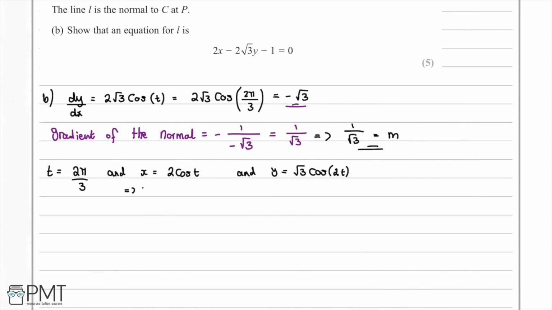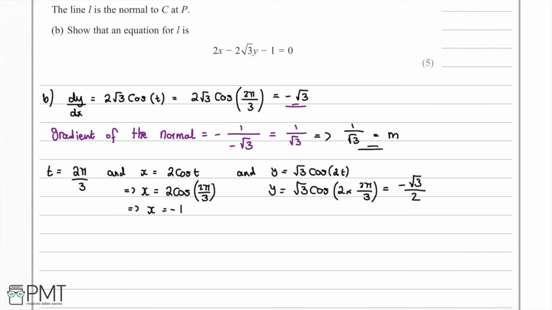Therefore x is equal to 2 cos 2 pi over 3, and putting that into our calculator, we have that x is equal to negative 1. Likewise for y, we'll have root 3 cos of 2 times 2 pi over 3, which again, putting it into our calculator, comes out as negative root 3 divided by 2.